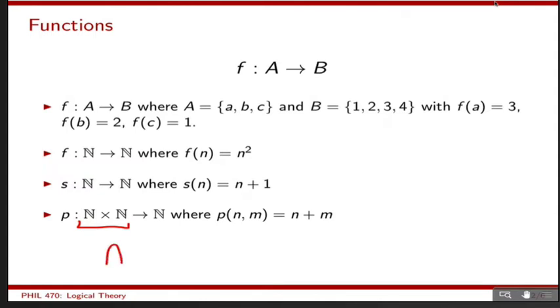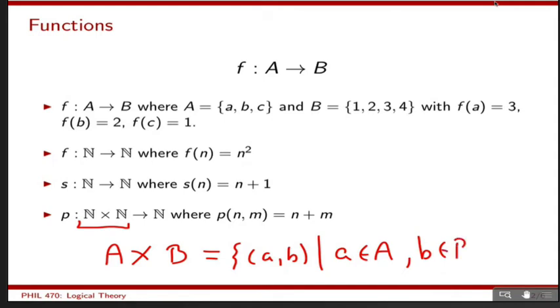So if I have two sets, A and B, I can define a new set, A cross B, which is the set of all pairs (a, b) such that a is an element of A and b is an element of B. So N cross N is the set of all pairs where each component of that pair is a natural number.